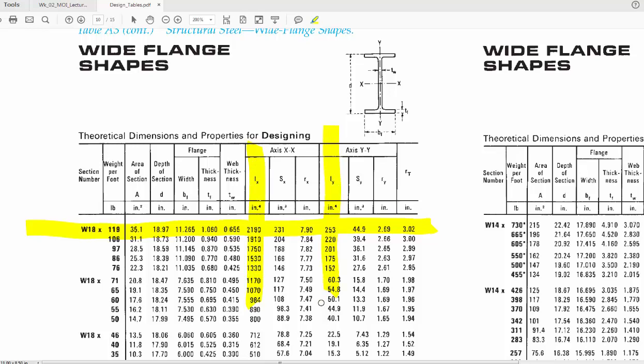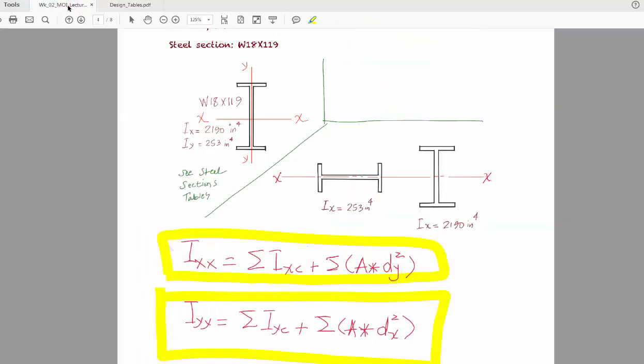You see the moment of inertia about x is 2190, that is inch to the power of 4, and moment of inertia about y is 253. And keep in mind the orientation of a section is this. If you change the orientation of the section, then they will be switched.